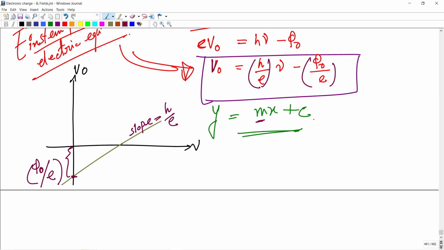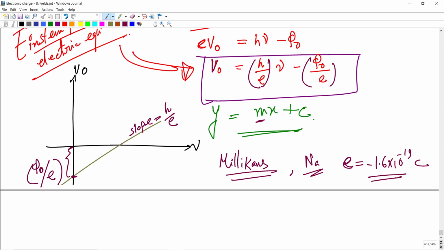So Millikan used sodium and used e, the elementary charge, which is 1.6 times 10 to the minus 19 coulomb. He tried to calculate the value of h, and he wanted to determine that h is not Planck's constant.